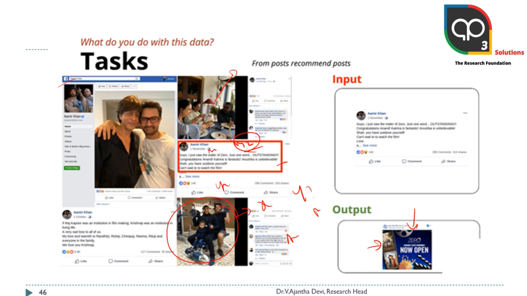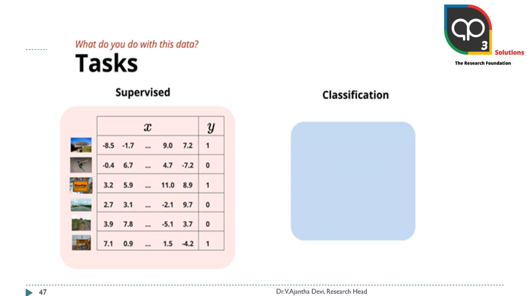So all of these, dear friends, are related to the X and Y combination. As I was describing earlier in the supervised setting, both X and Y are important. It's not enough to have a lot of images; you should also have the labels for those images.